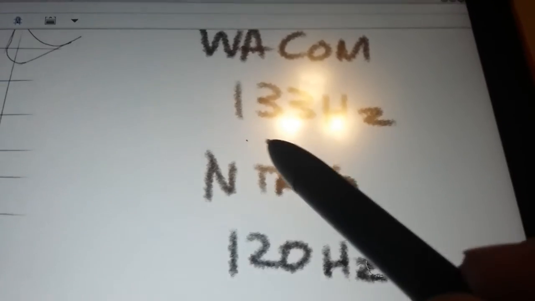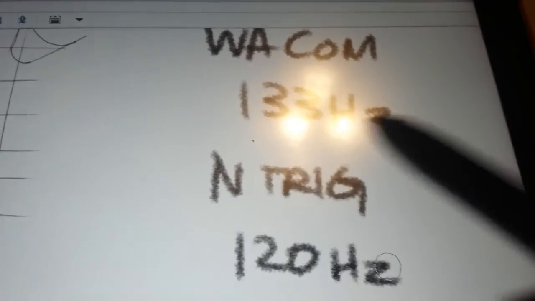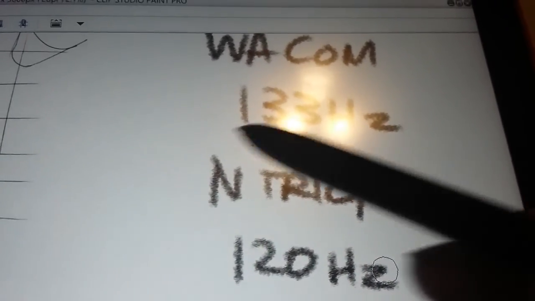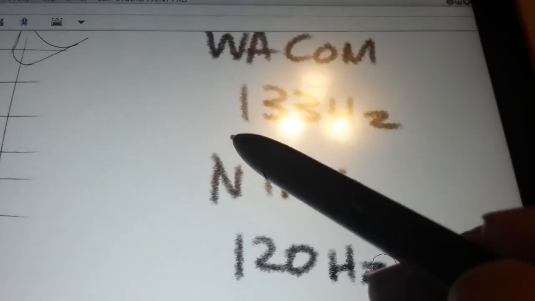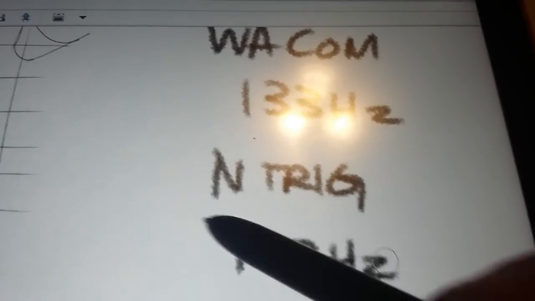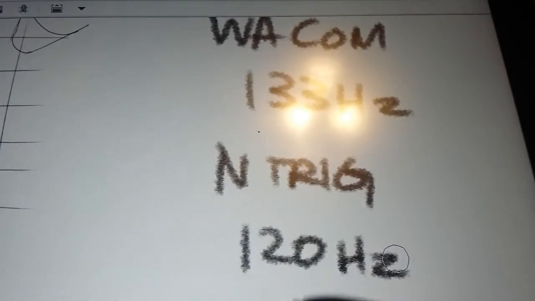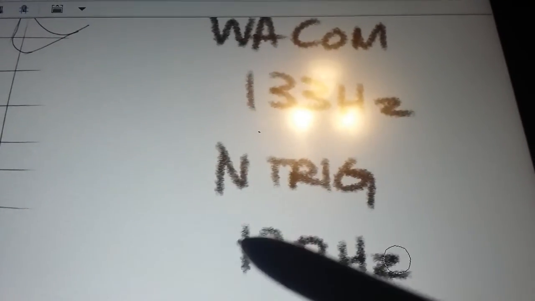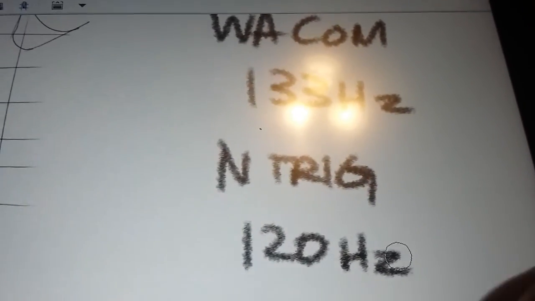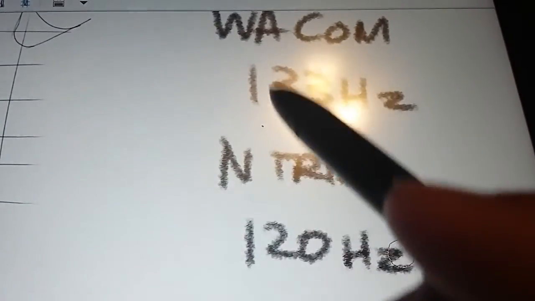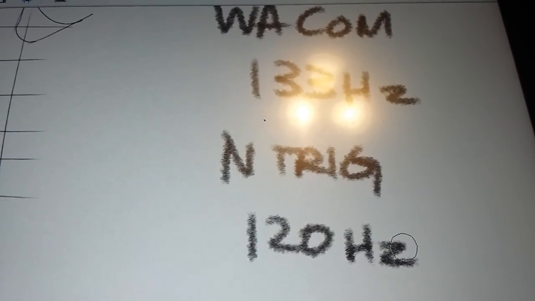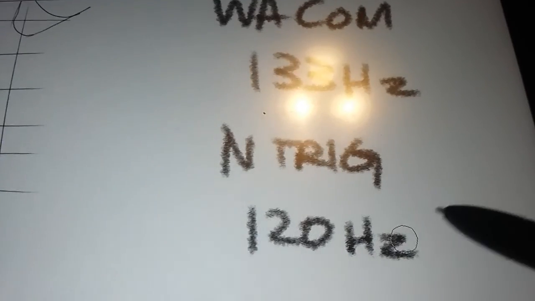So every second, the Wacom digitizer board underneath the LCD is pinging out to the pen 133 times. Whereas with N-Trig it's backwards: the pen is pinging the board, the touch layer, 120 times per second. Either case, it's a lot of times per second, right?